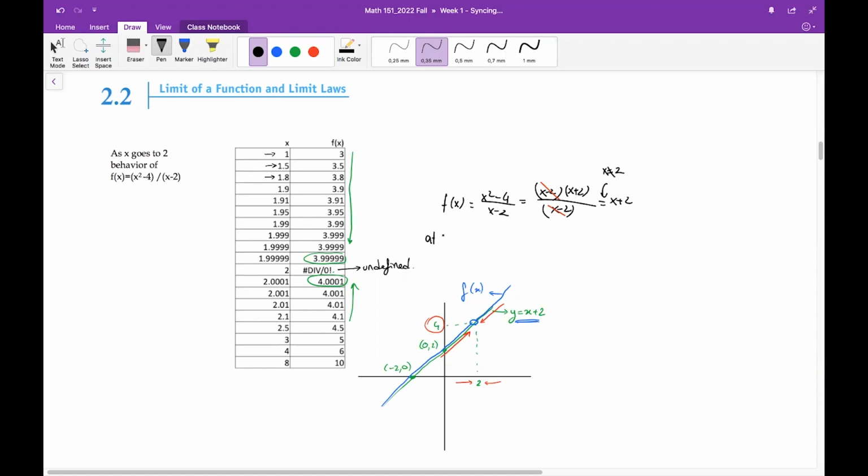What happens at x equals 2? This leads to a division by 0, right? So f of 2 is what? F of 2, if you insert 2 for those x values, becomes 0 over 0, which is an undefined value in math.